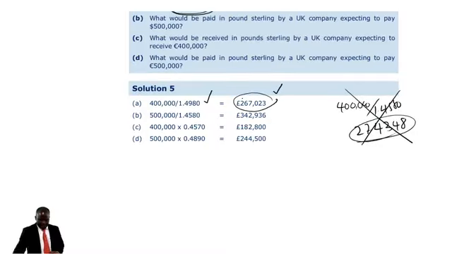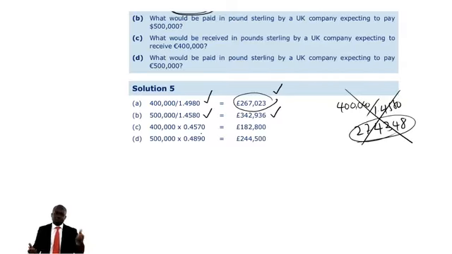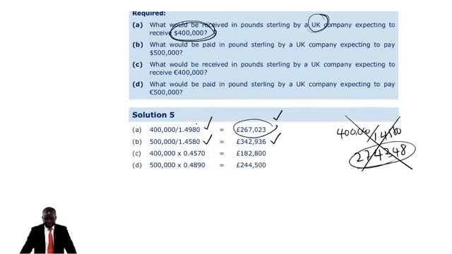That is the reason why they use the bid there. So just ask yourself, what is the dealer going to do to the base currency? Full stop.